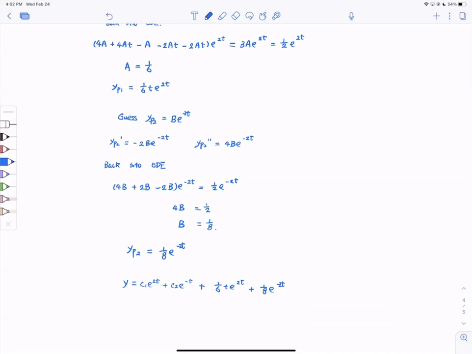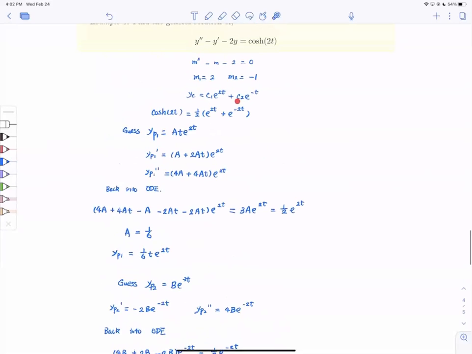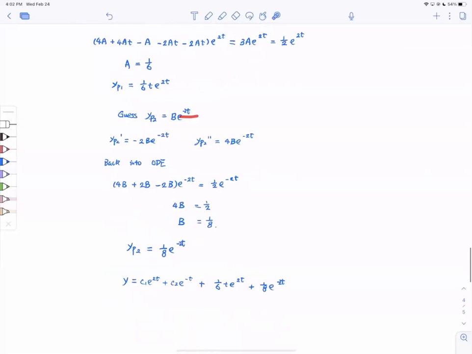Let me check again. I used 2t and negative 2t, so it should be t e to the 2t and negative 2t. Yeah, now it's right.